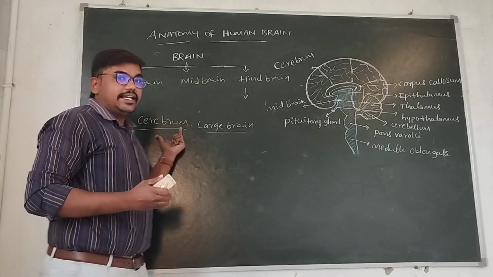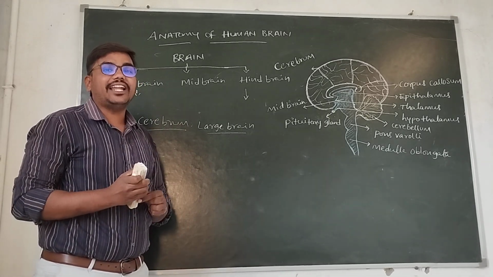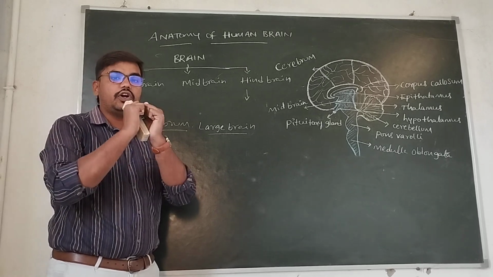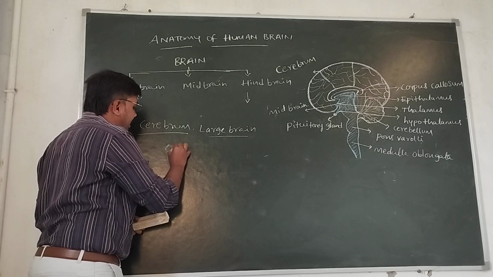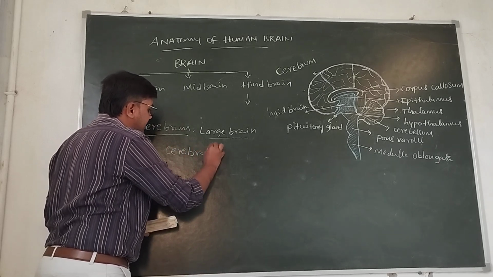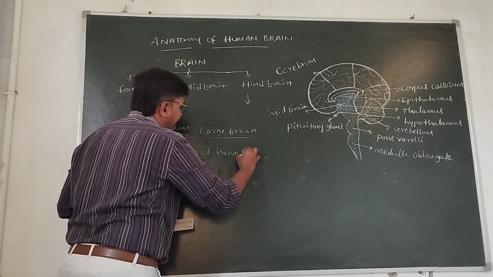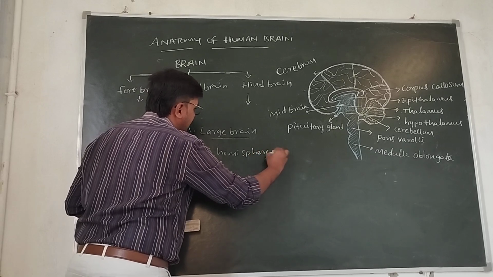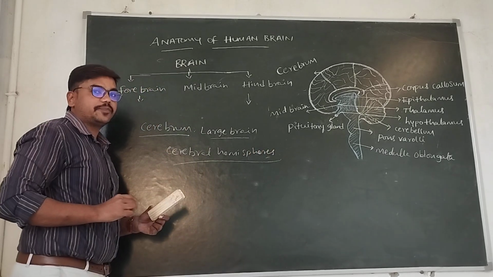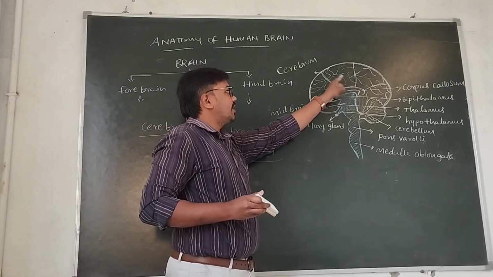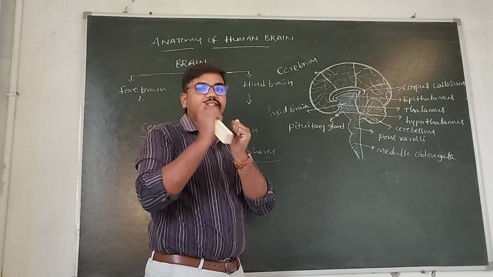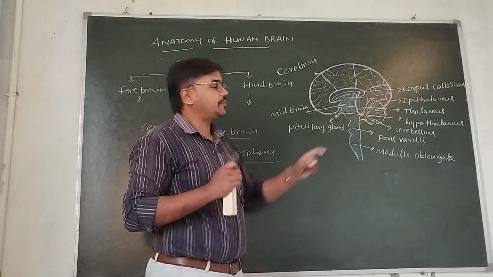The cerebrum is divided into two equal halves, called cerebral hemispheres. These cerebral hemispheres are located on either side, the right hemisphere and the left hemisphere.